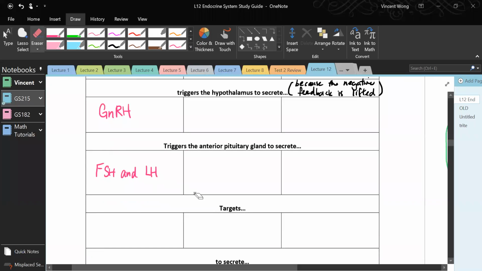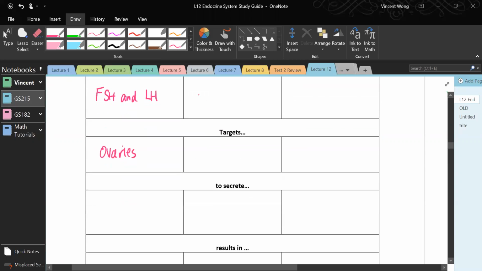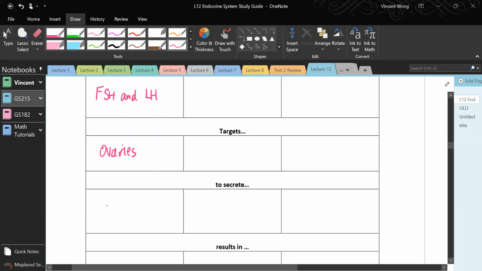FSH and LH target, we talk about the female, so the ovaries, to secrete. Okay, so if we talk about the first round, we have estrogen, or progesterone for the second round.